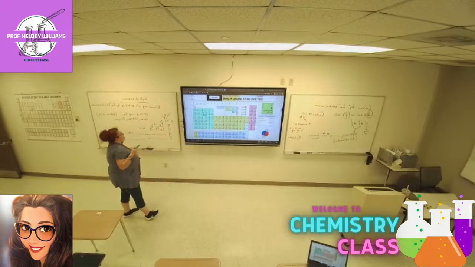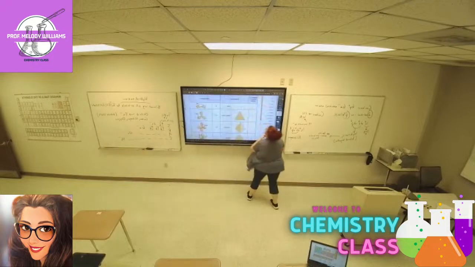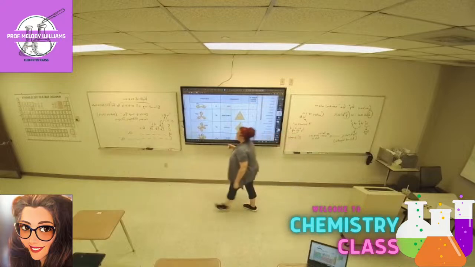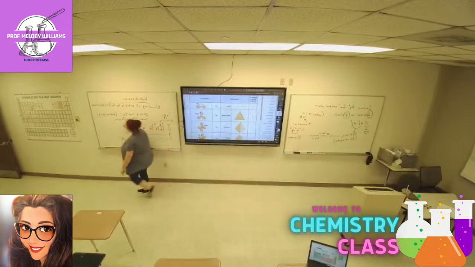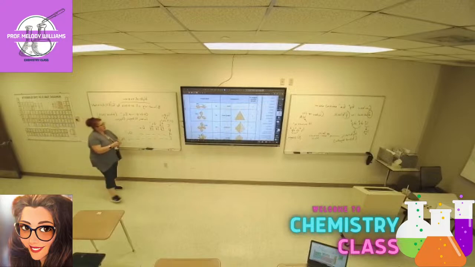So when we're talking about hybridization in terms of carbon, nitrogen, and oxygen, that's where we mostly focus with organic chemistry. We're talking about blending s and p orbitals together.